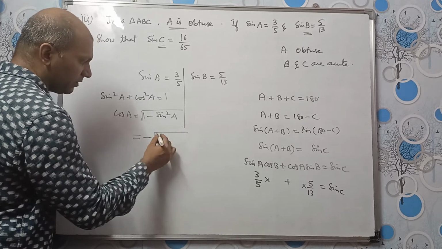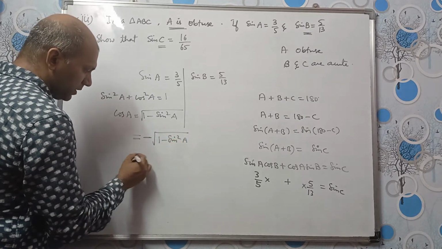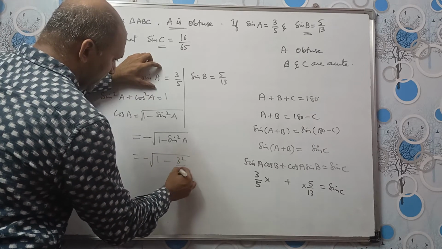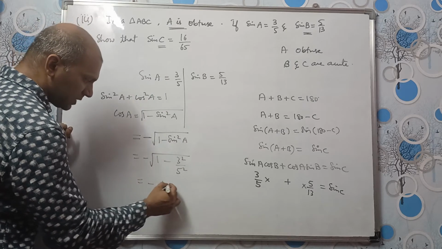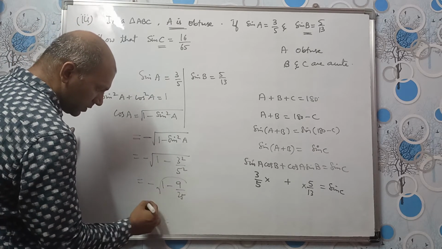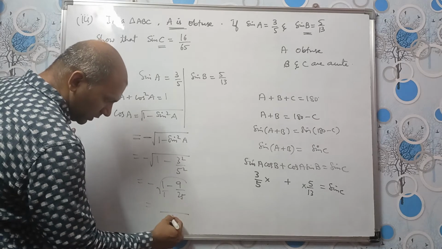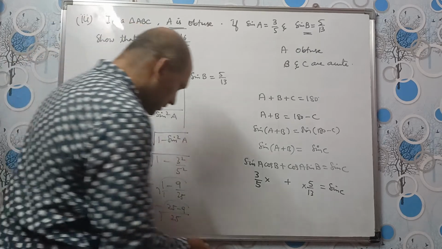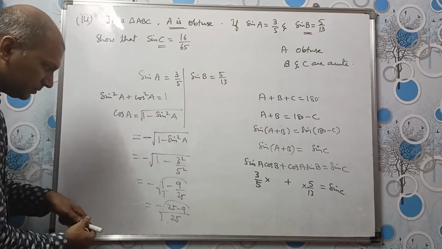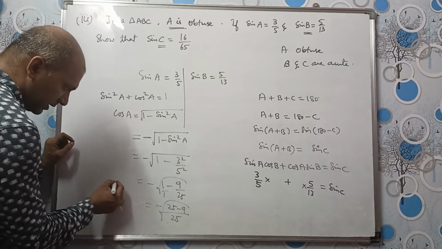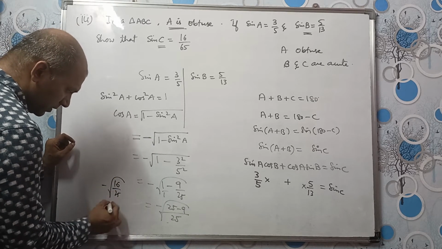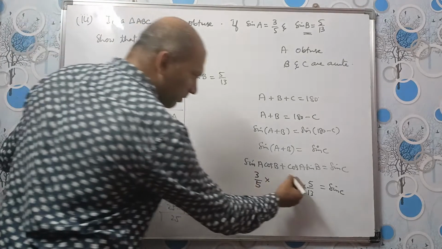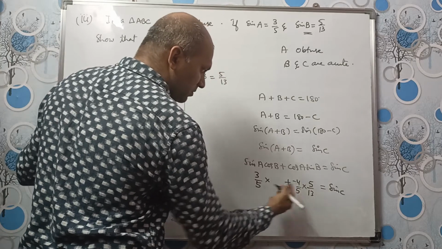So we'll take negative root of 1 minus sin square A. So this is minus root of 1 minus 3 square by 5 square, which is minus root of 1 minus 9 by 25. So this is 25 minus 9, 16 by 25. So this is minus 4 by 5. Cos A is minus 4 by 5.